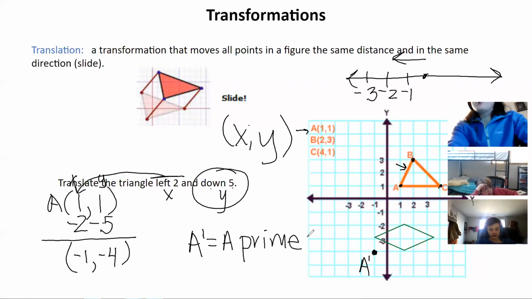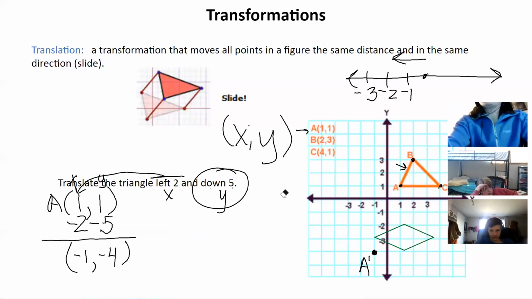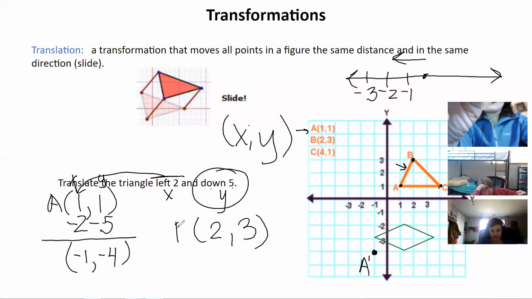Okay, let's focus on the B. B is at 2, 3. There's a B. It's at 2, 3. And we're going to do the same translation. So we go left 2, down 5.